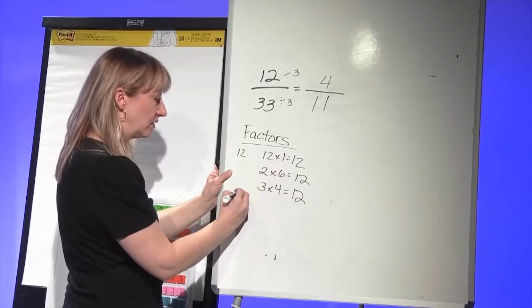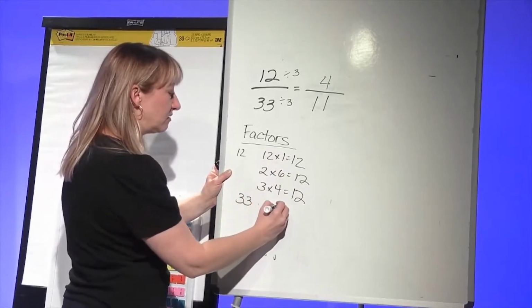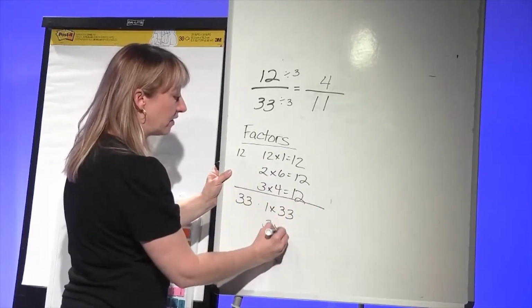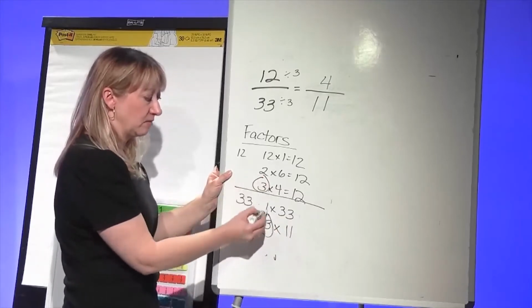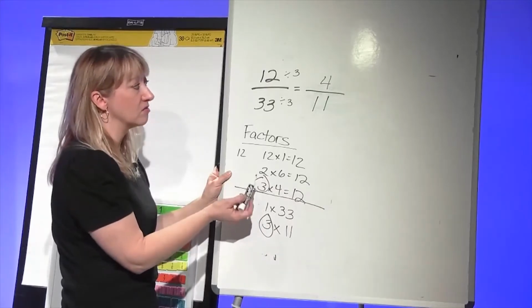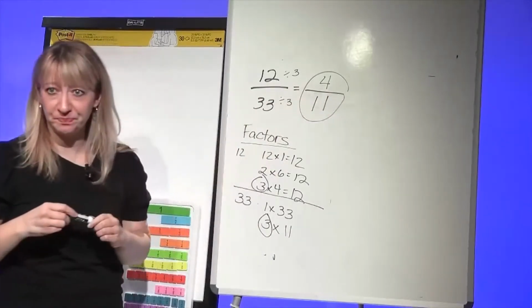My factors of 33 are 1 times 33 and 3 times 11. So I do have one in common, and that's 3. So because you can divide it into both numbers, we would divide both by 3, and that would be our final answer.